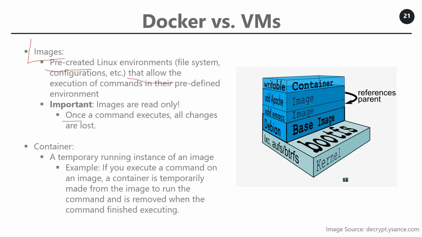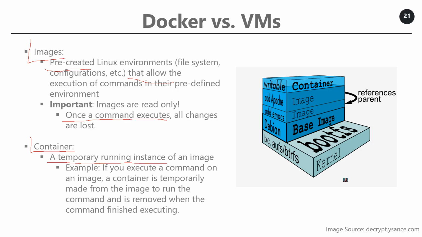Once a command executes, all changes are lost. So whatever you run in that container will be lost later. And a container is a temporary running instance of an image.